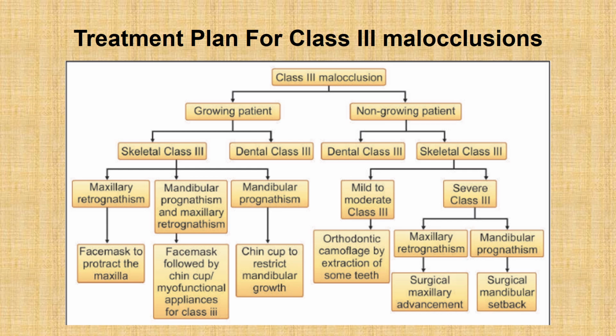Now, in a non-growing patient, we don't have the luxury of growth modification since growth has ceased. So, in severe skeletal cases, we will need to resort to surgical correction, whereby if the maxilla is at fault, the maxilla is surgically advanced, and if the mandible is at fault, then the mandible is surgically set back. Now, in non-growing patients with mild to moderate class 3 bases, orthodontic camouflage can be carried out with extraction of teeth.